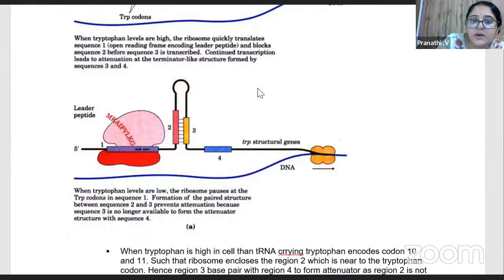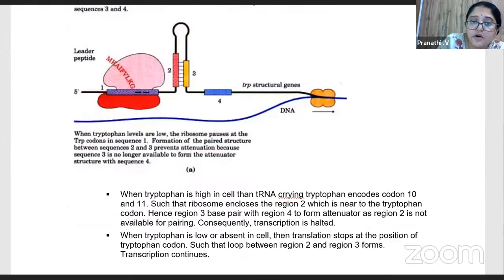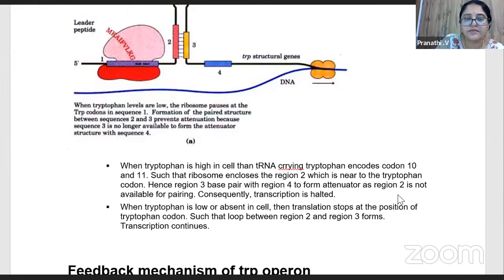because of which 3 is not available to form the attenuator structure, because of which the TRP structural genes are going to be transcribed for the production of the mRNA. When tryptophan is low in the cell, the translation stops at the tryptophan codon. The loop between 2 and 3 forms, and transcription continues.